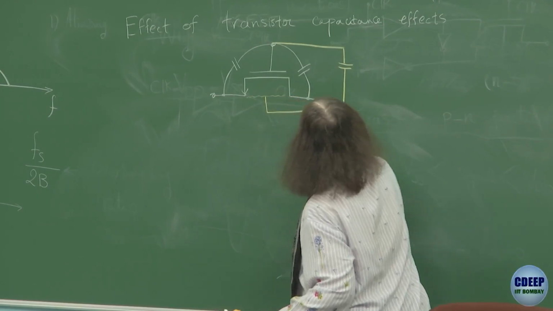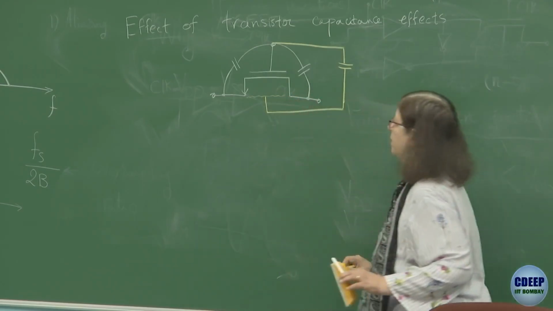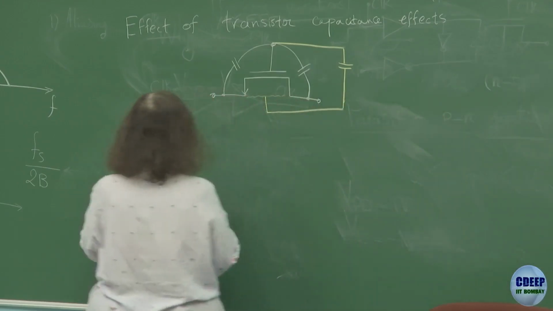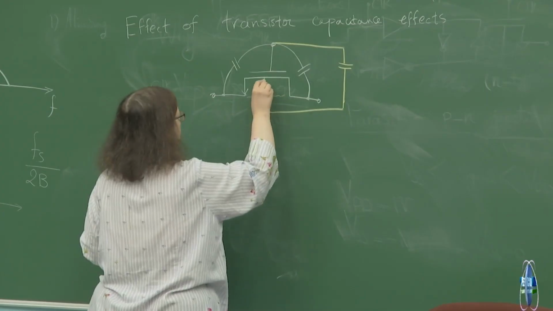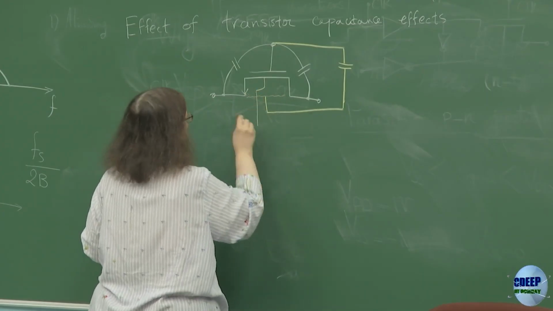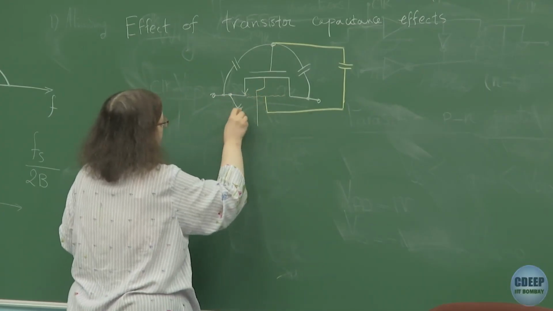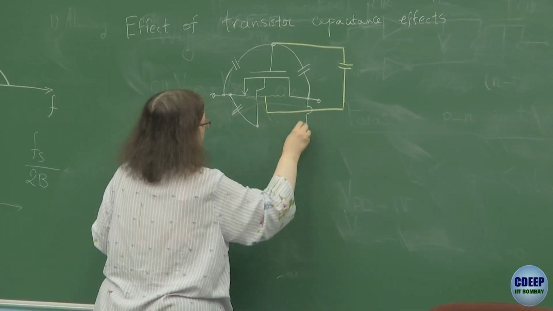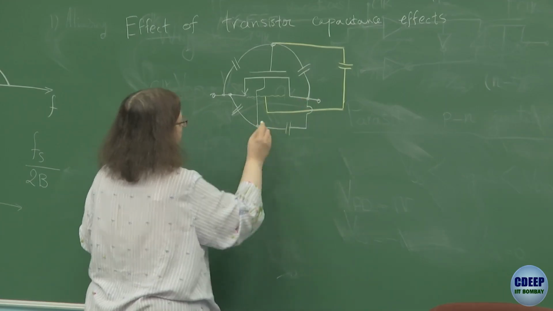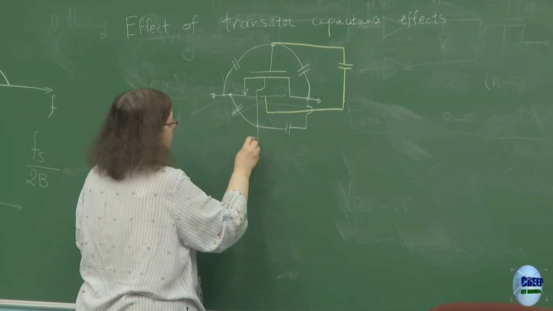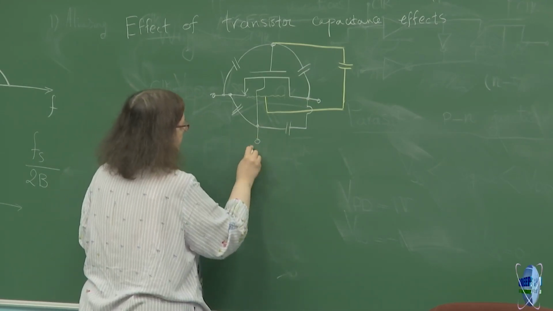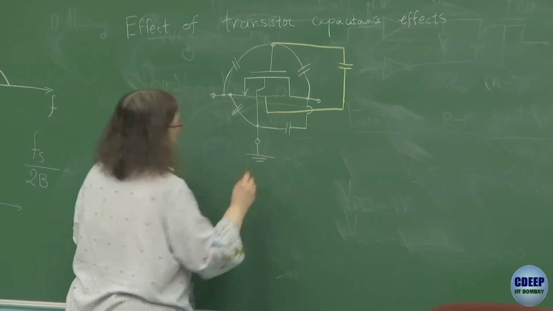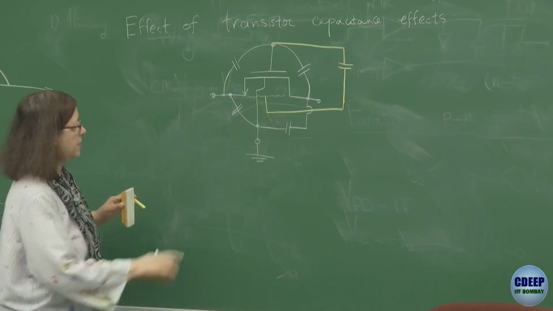So I connect them this way. If I want to show the bulk, you also have parasitic capacitances to the bulk, and this bulk is connected to some bias, for example, the minimum supply, which is 0.